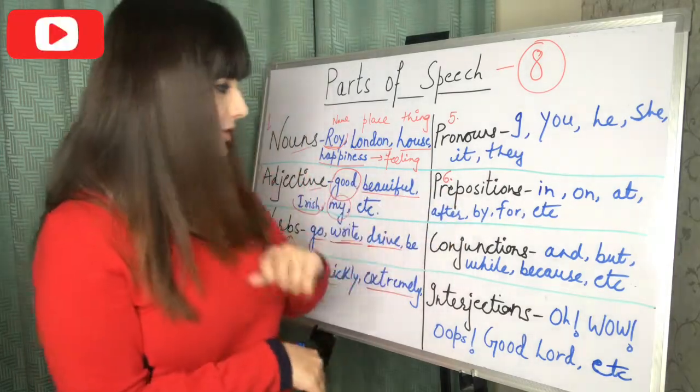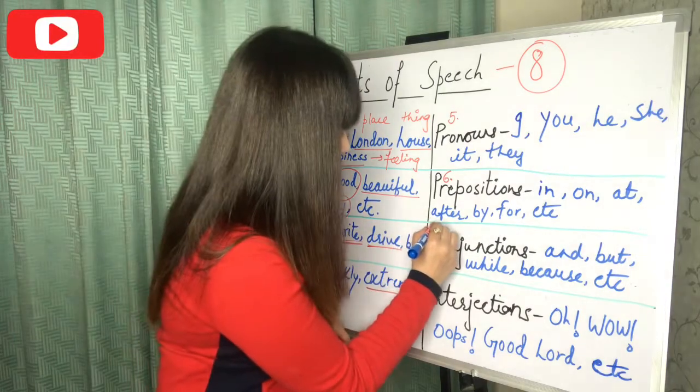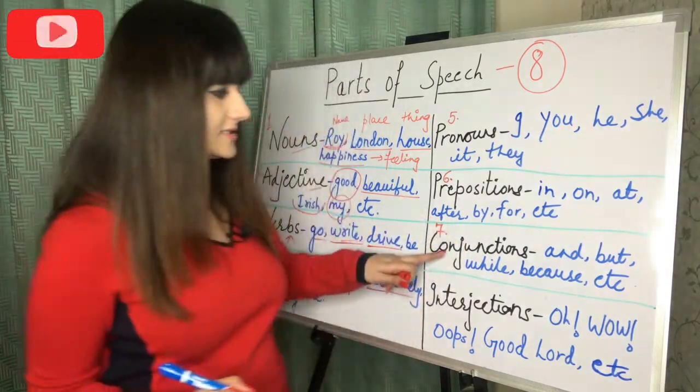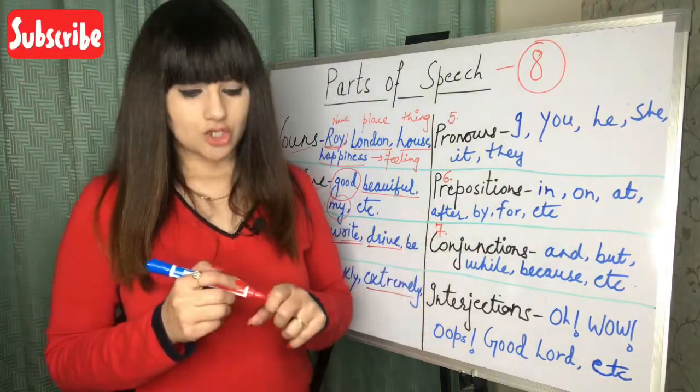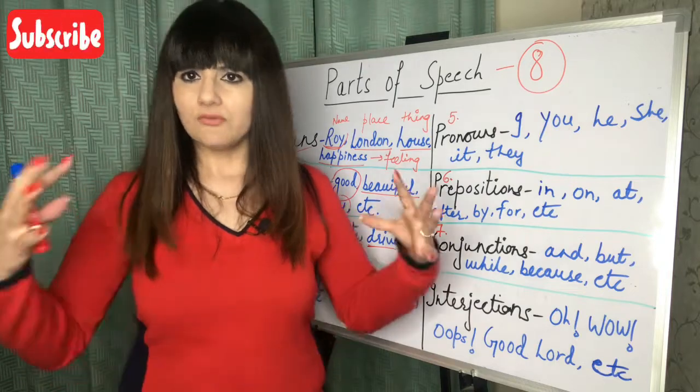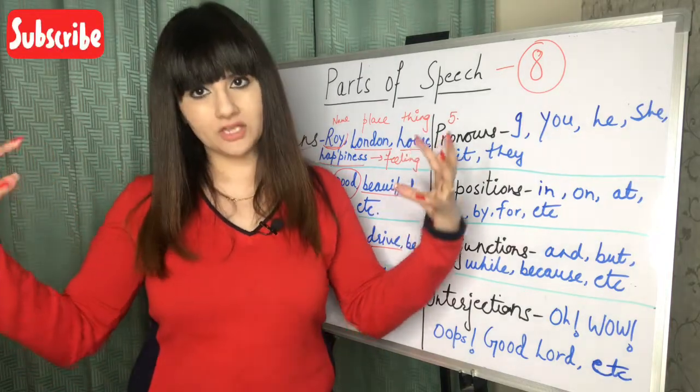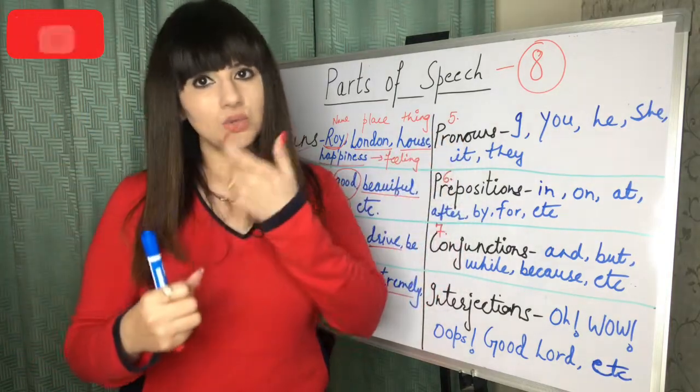Next, the 7th one is conjunctions. It's very simple. When you want to join two sentences together, you need a word.